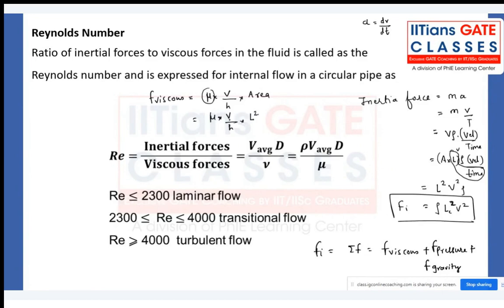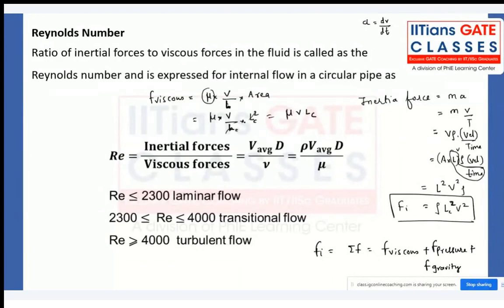So instead of writing H we can write Lc once again, because in terms of meter it will be the same. This will also be L, so this will cancel out. So mu into V into Lc. Instead of writing L, let it be denoted by Lc.